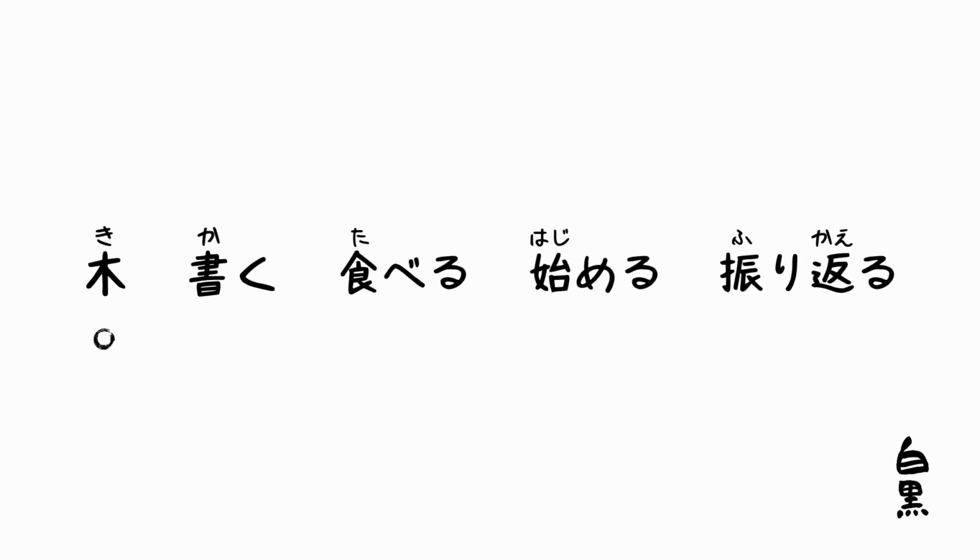For example, the word ki has only 1 mora. Kaku obviously has 2 moras. Taberu has 3. Hajimeru has 4. And furikaeru 5.